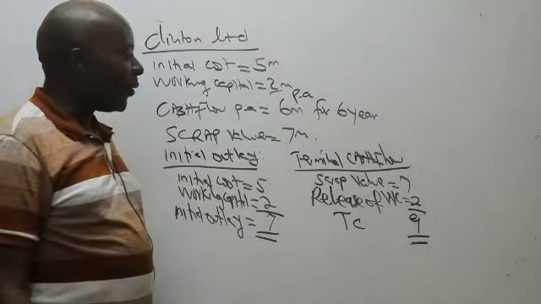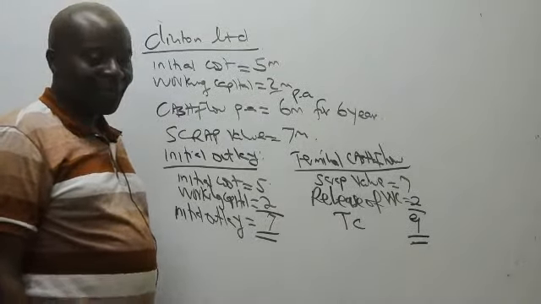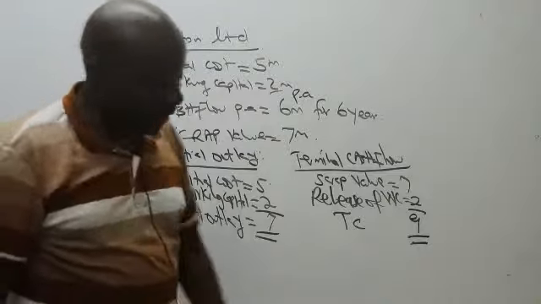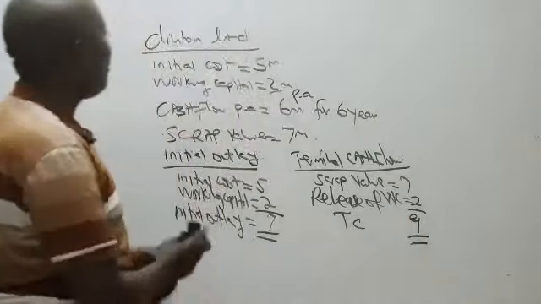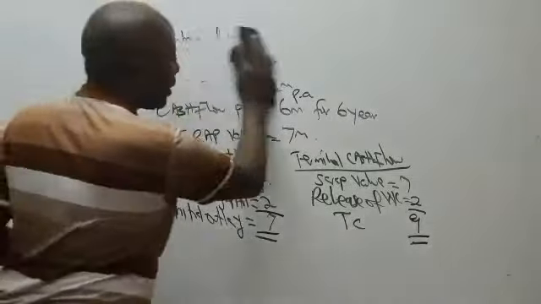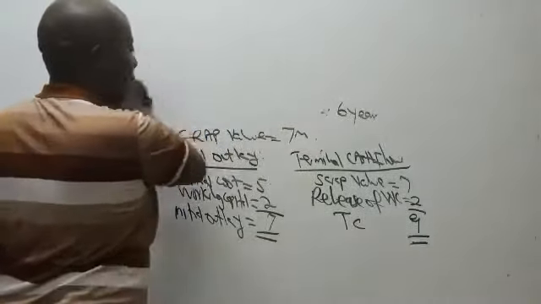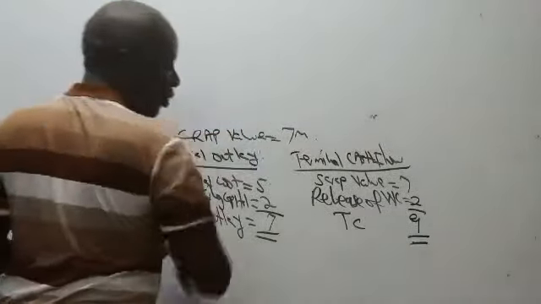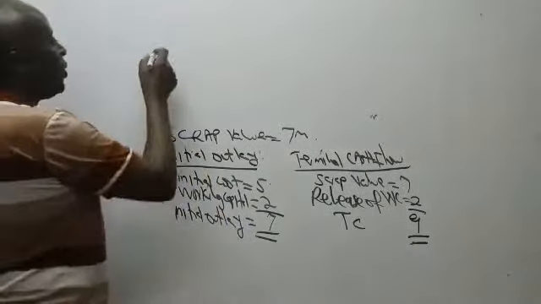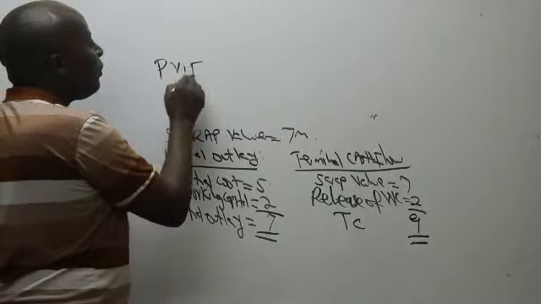And then, of course, the next thing will be the PVFA and PVF. These are for 6 years. So please give us, first of all, PVF. It's easier for you to start with PVF.